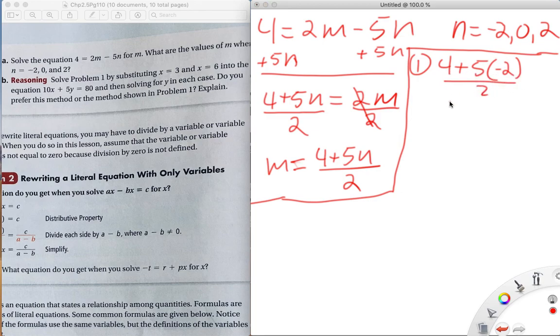So this is going to be 4 plus negative 10 over 2. Negative 10 plus 4 is negative 6, so it's going to be negative 6 over 2. So then m is equal to negative 3. That's our first scenario.